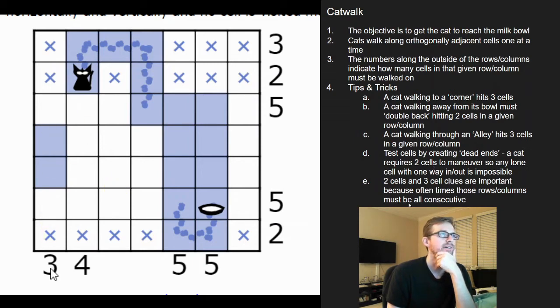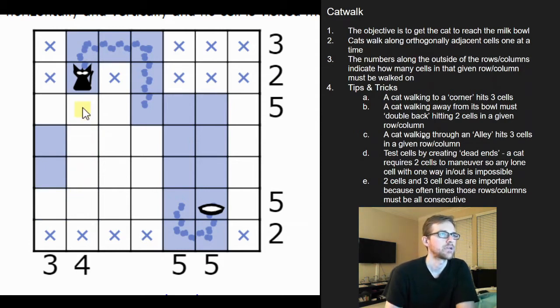This 3 is going to have an entrance and exit just like this 3 up here. And no matter what, that's going to resolve this 4, right? The entrance is going to be like that, or it's going to be like that. So that 4 is going to be resolved that way.